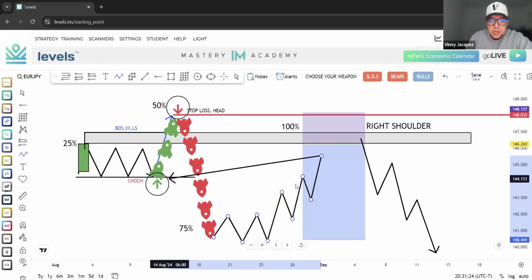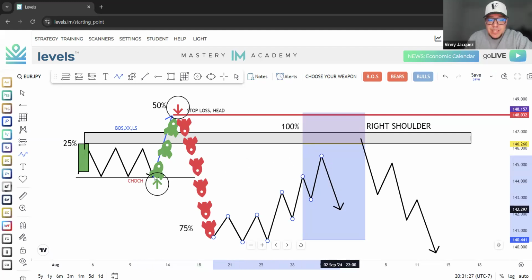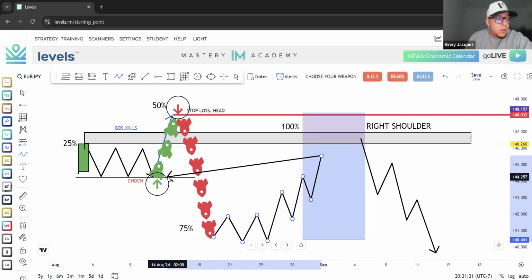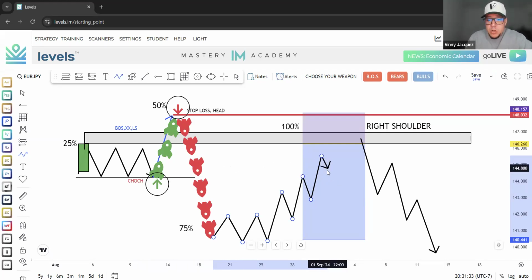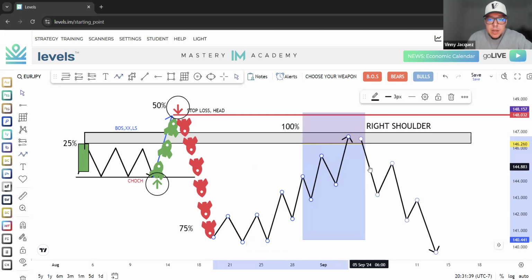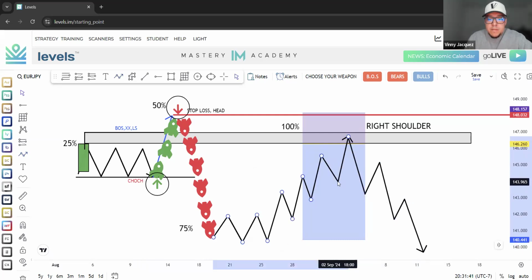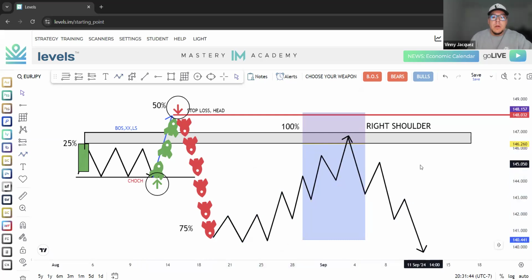Does that make sense, Ricky? So now they can already start setting that market back down because this buy is now in profit. So once the market touches this right shoulder, we're looking to take some sells and shift that market back down.